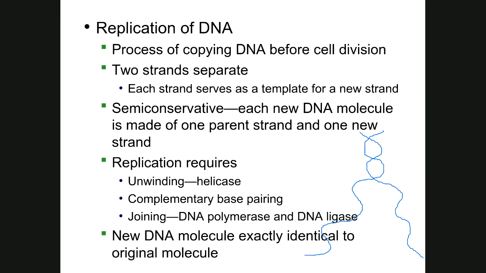Like you can see in another color, if there is A here, then T will be here. In the same way here also, the new strands start to be produced with complementary pairing. So this is called complementary base pairing.